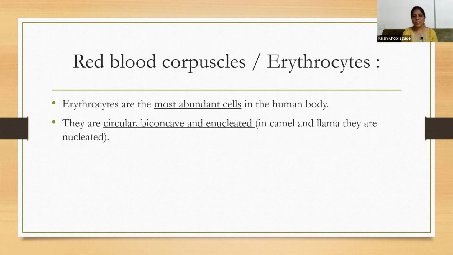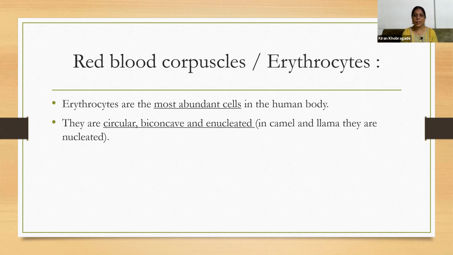But when we see the blood of camel and llama, now llama means what? It is a double hump camel. Usually when you go to Rajasthan, you see a single hump camel. But when you go to colder regions, at the higher part, like in the north, there you can see a camel which has 2 humps.